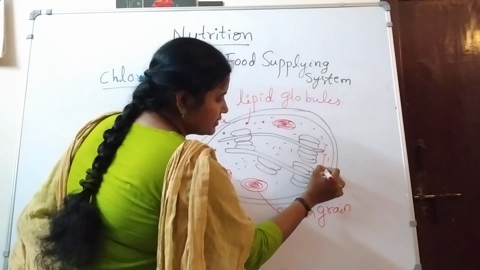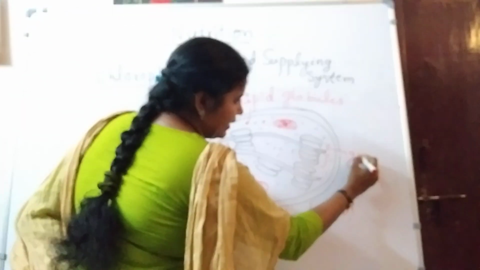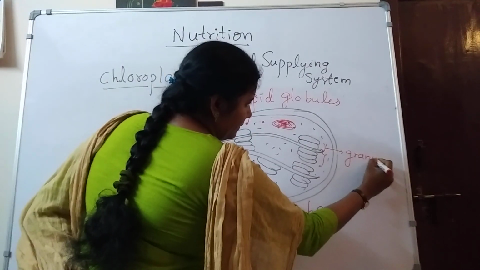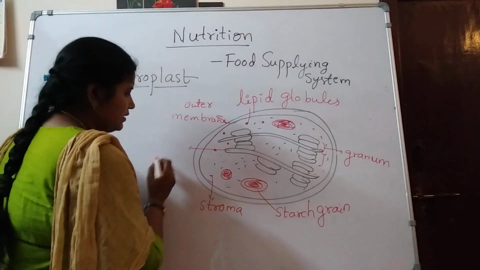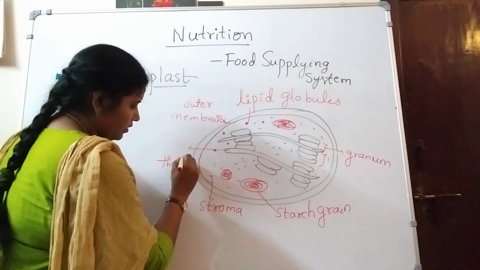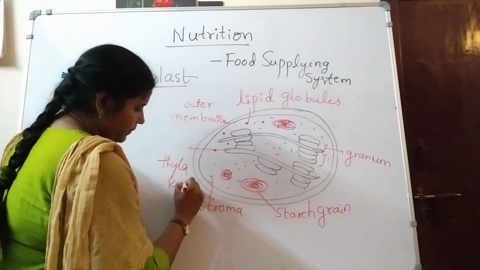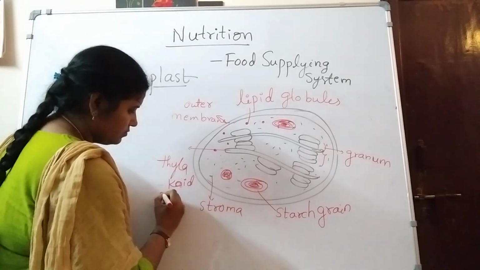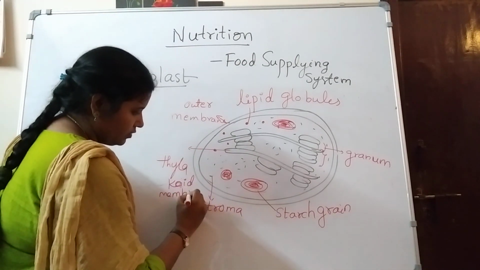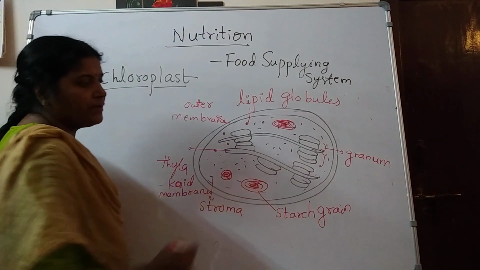The stacked sac-like structures are known as granum, and the membranes are known as thylakoid membranes. One by one we'll see.